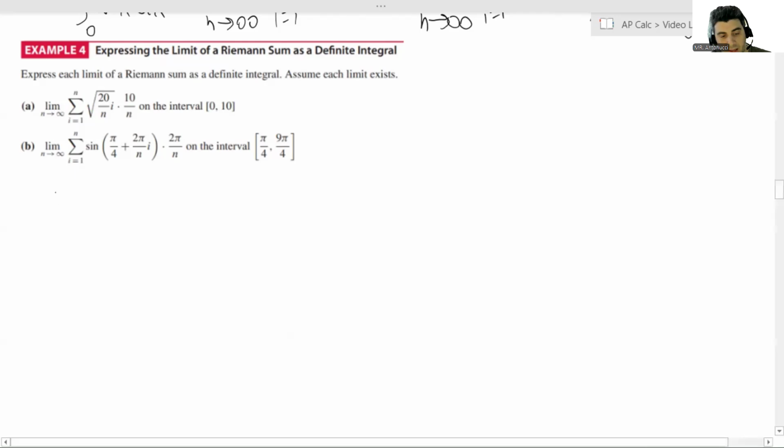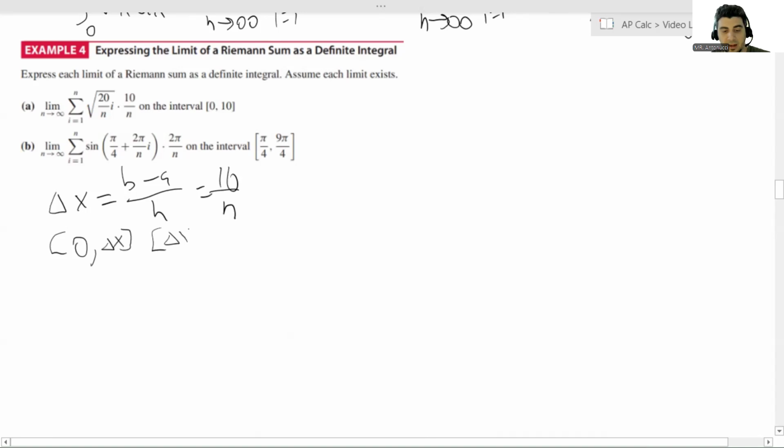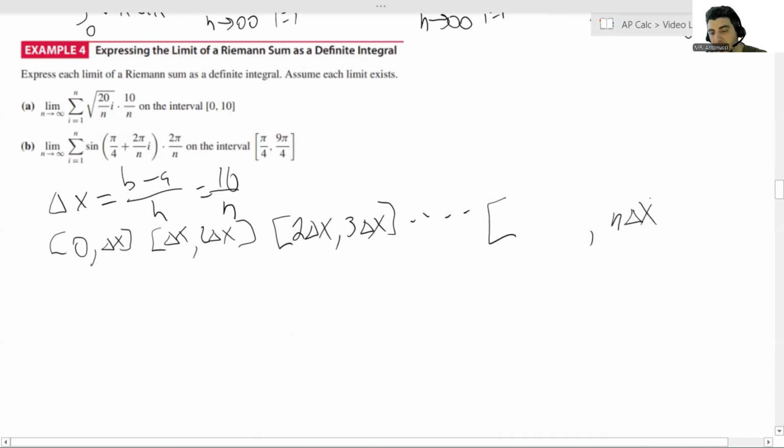So I know that delta x equals (b minus a) over n, which is 10 over n. And if we partition the subinterval, we're going to go 0 to delta x, then delta x to 2 delta x, and then the next one's going to go 2 delta x to 3 delta x, and so forth till we get to the last one that's going to end at n delta x.